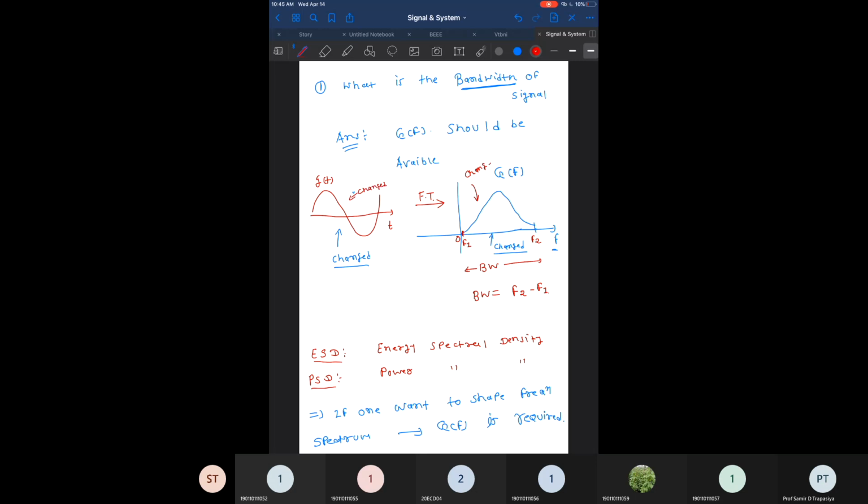So if something is changed in the time domain, it is reflected in the frequency domain. And if some parameters are changed in the frequency domain, it is also reflected in the time domain. So both things are correlated with each other. You can say both are two different sides of a coin. One is the time domain, and another is the frequency domain.